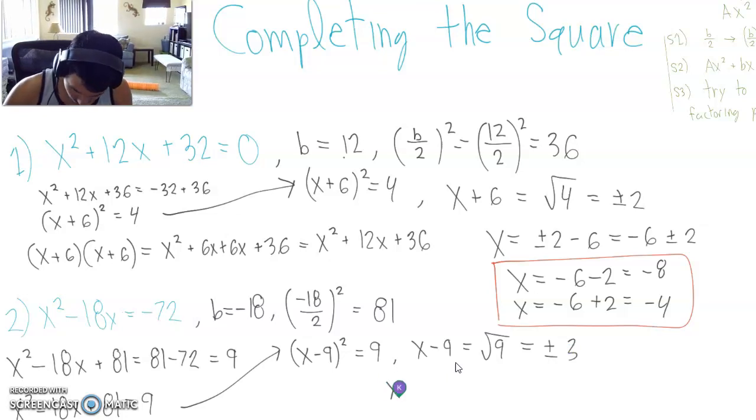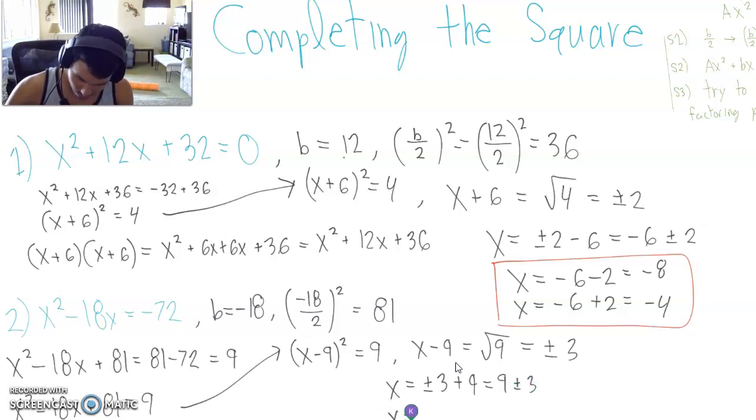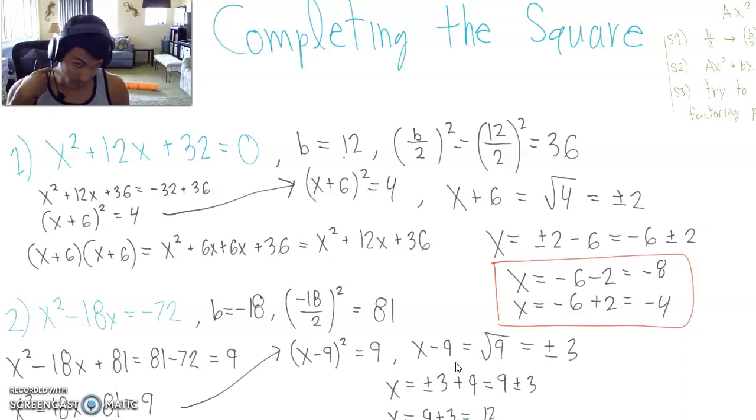So then we get x is equal to plus or minus 3 plus 9, which is the same thing as 9 plus or minus 3. Oh, let's make sure it's a plus sign. So then we can say x is equal to 9 plus 3, and x is equal to 9 minus 3, which is 12, and 9. So that's our 2. Oh, no, you guys can't see that. My bad.